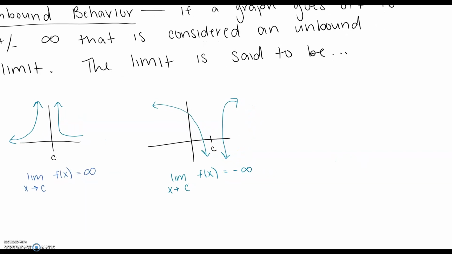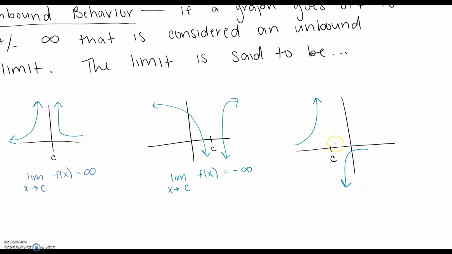And then the last one, still considered unbounded. Say that this is our c value, is if it's going in opposite directions.